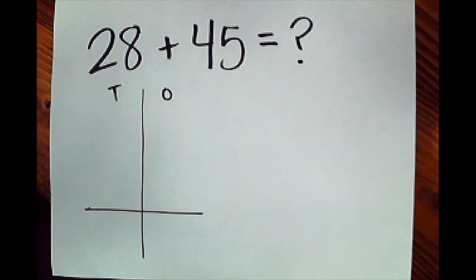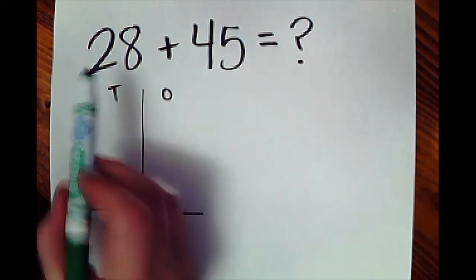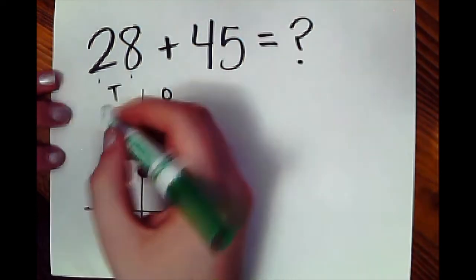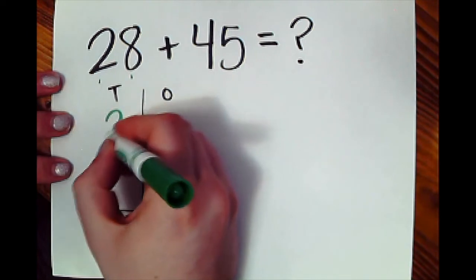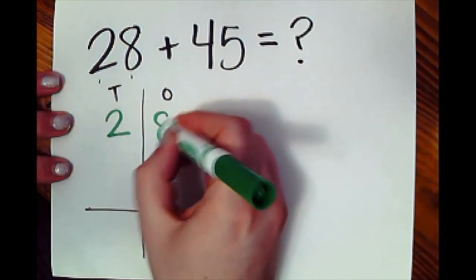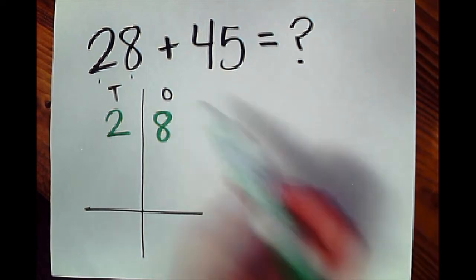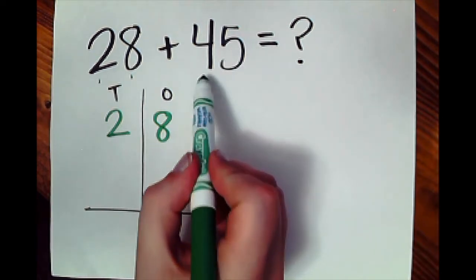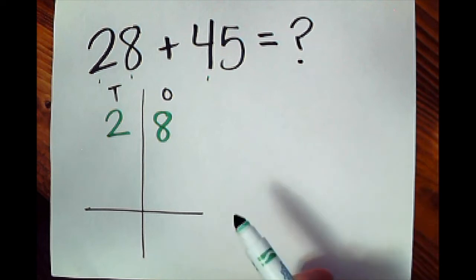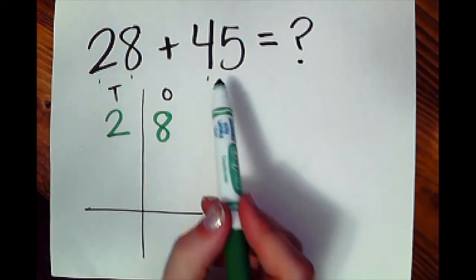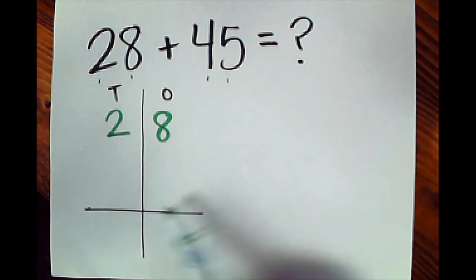So we're going to write 28 by putting the tens digit in the tens column and the ones digit in the ones column, like so. 2 tens and 8 ones. Then we're going to add 45 by again putting the 4, the tens digit, into the tens column, and the ones digit into the ones column.